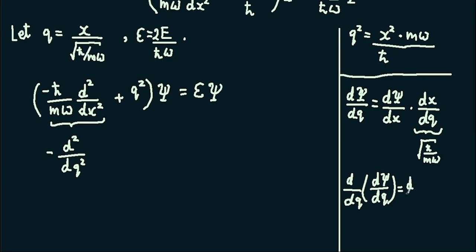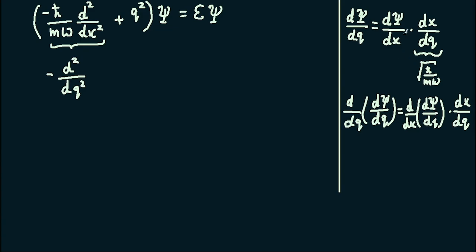Now this would just equal d/dx into dψ/dq into dx/dq. Here we have just done the same thing, just instead of ψ we have dψ/dq.